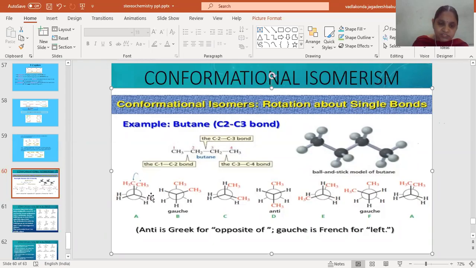So we'll be able to see only front carbon. Now in this representation, these two methyl groups are separated with 0° angle, means they are exactly on back of one other.